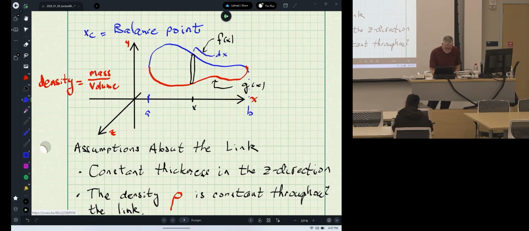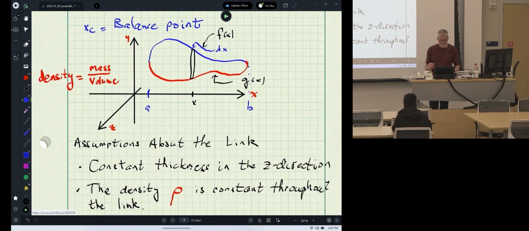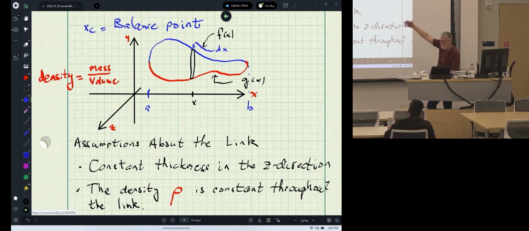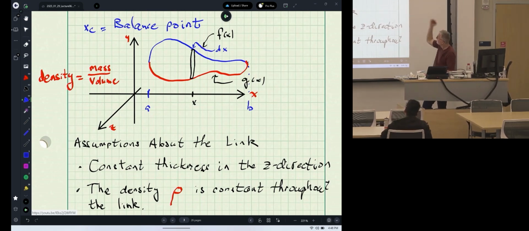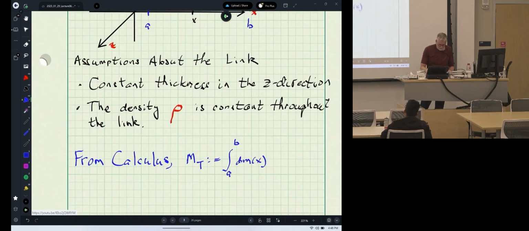So that's the width. Okay. What is the height of my rectangle? F minus g. It's just like the area. So I'm going to take the area times the density, and that'll give me my differential mass.